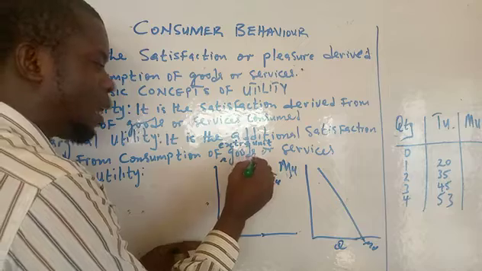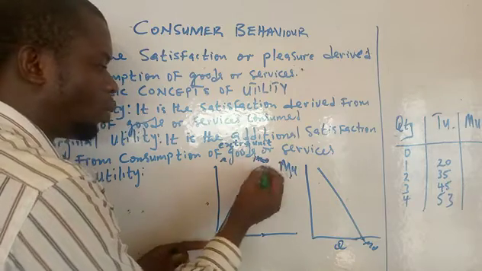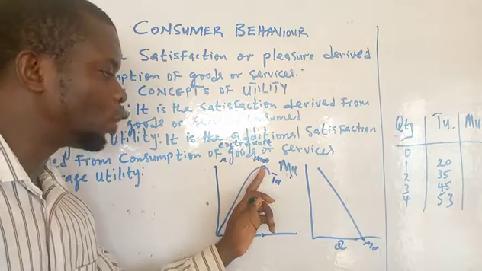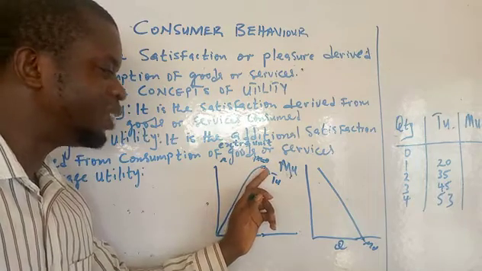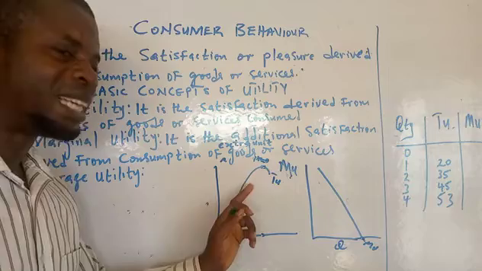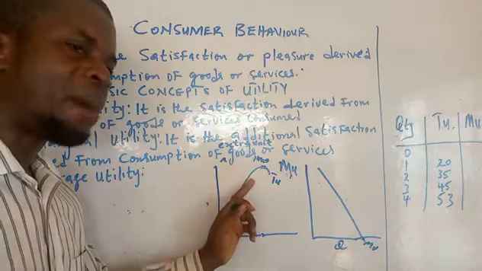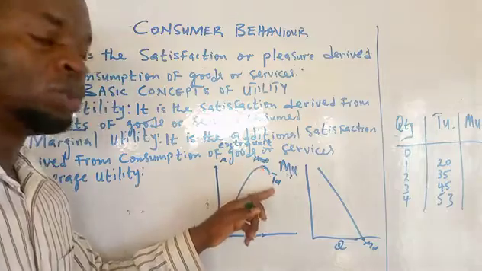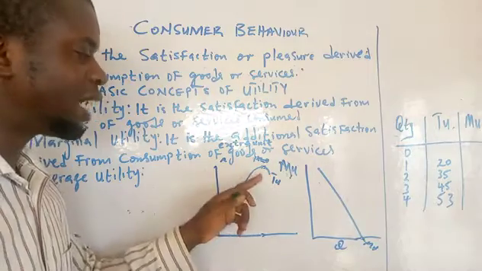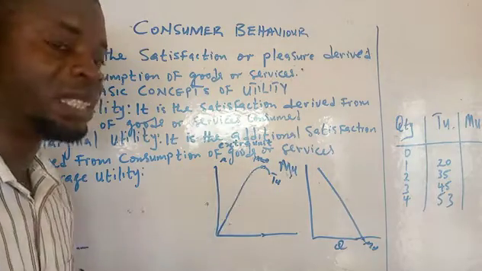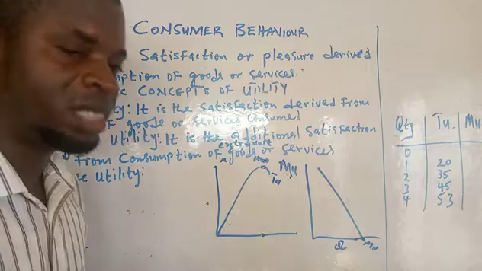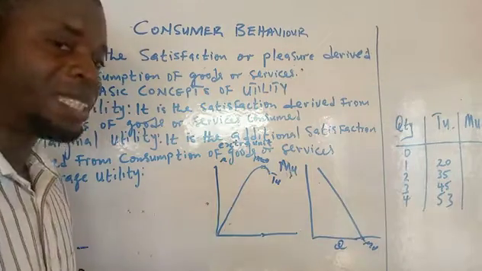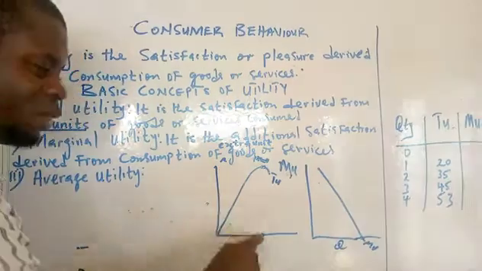So at this point, MU equals 0 at the peak. Any additional consumption here will make your total utility fall. It means that any consumption after marginal utility has reached 0, the total utility will do what? Will start falling. So total utility starts falling when marginal utility equals what? 0. I take it again. Total utility starts falling when marginal utility equals 0. Please take note of that.